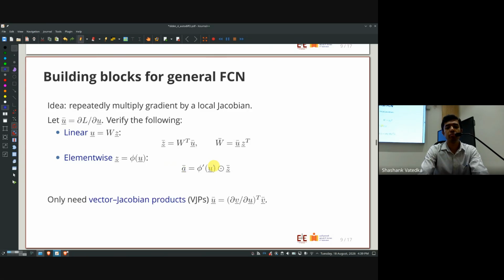So to find all of the gradients, we only need to do these kinds of vector Jacobian products. At every step, you find the Jacobian and you multiply it with the vector, which is what you had computed for the next layer. Any questions?